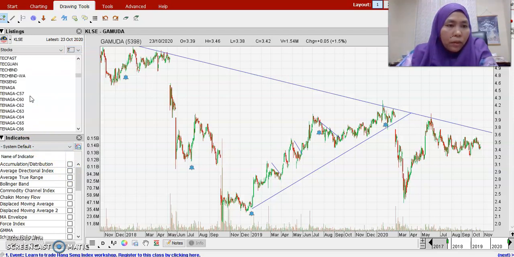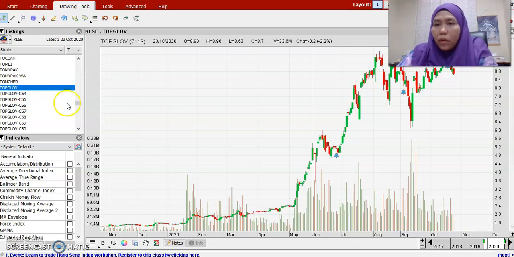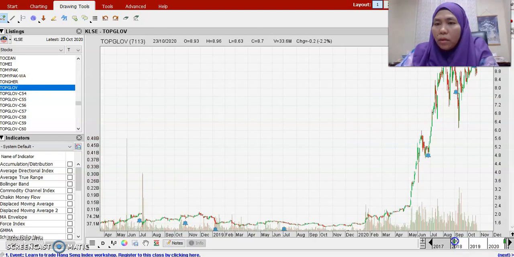Top Glove. Where is the... okay, this is the chart for Top Glove for the duration since 2018 until to date. If you can see that.